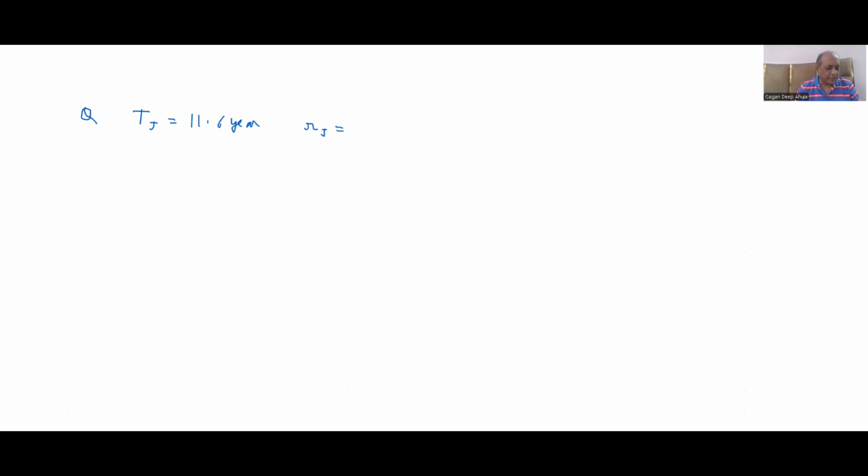It is given that the distance of Earth from the sun is equal to 1.5 into 10 raised to the power 11 meters. So this distance is given. And because they have given Earth, we know that the time period of Earth is equal to 1 year.